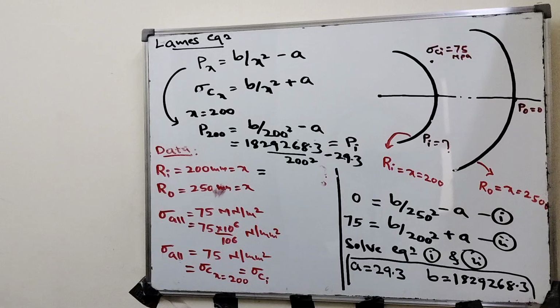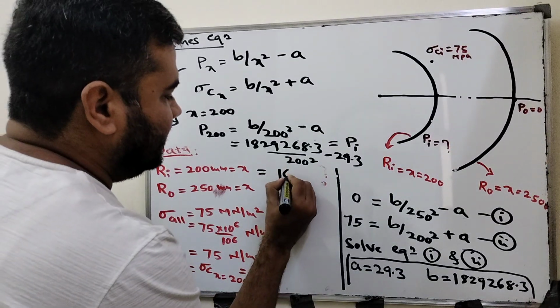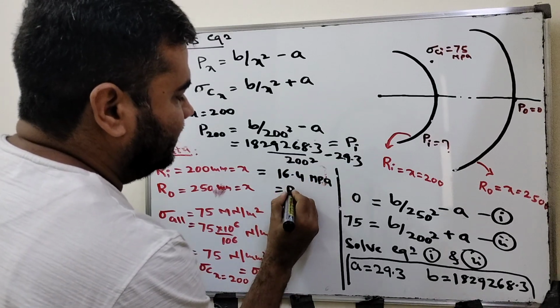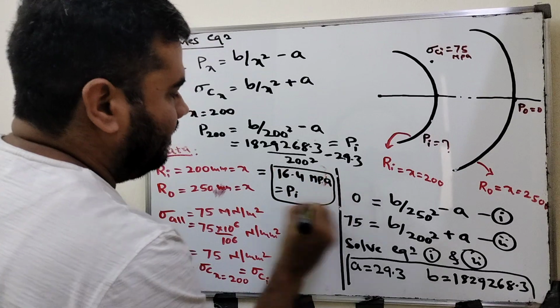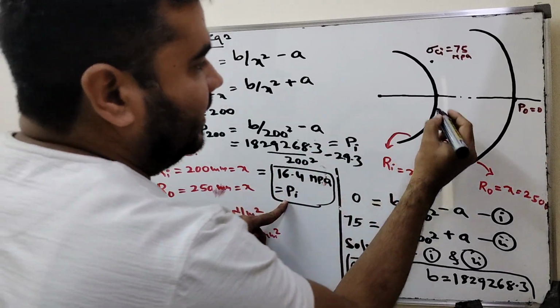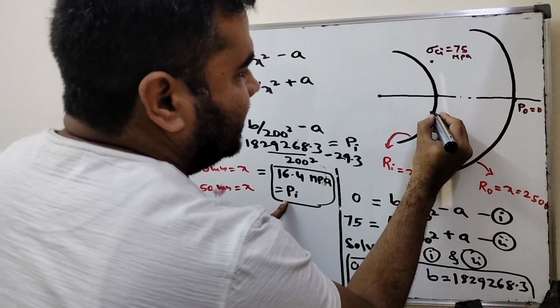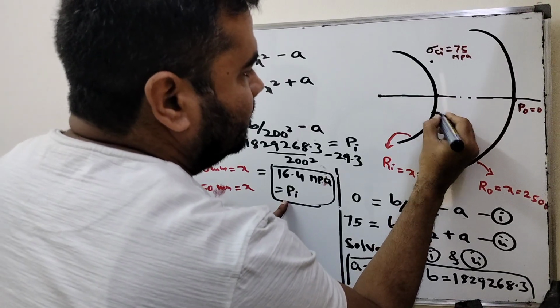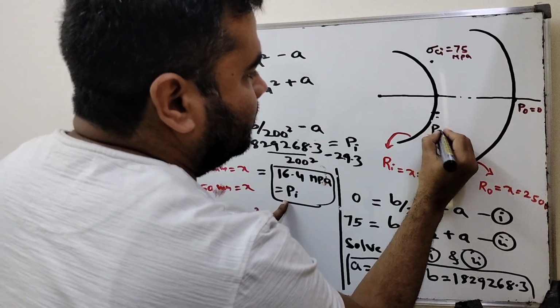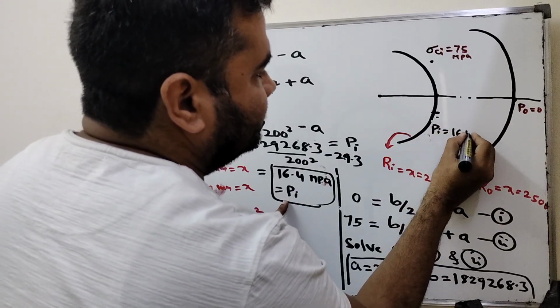We will get Pi is 16.4 MPa. That is equal to Pi. Mark the value 16.4 here, Pi equal to 16.4 MPa.